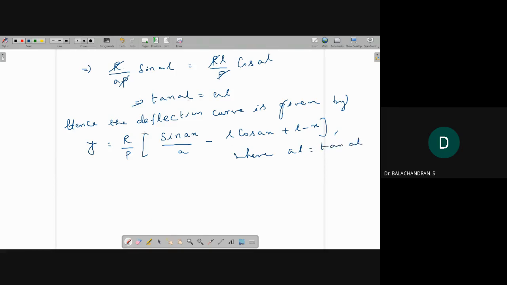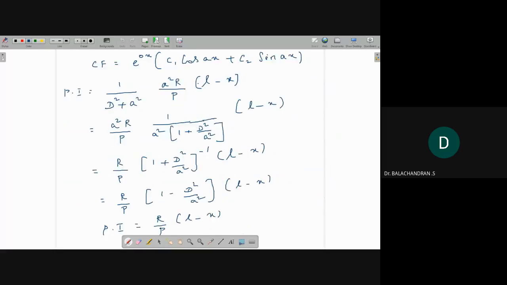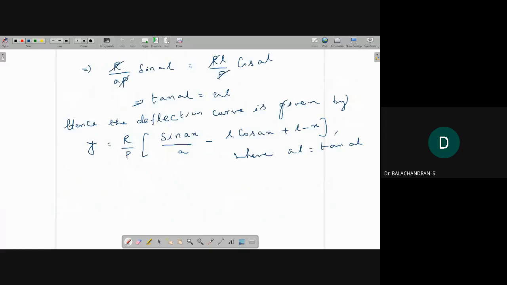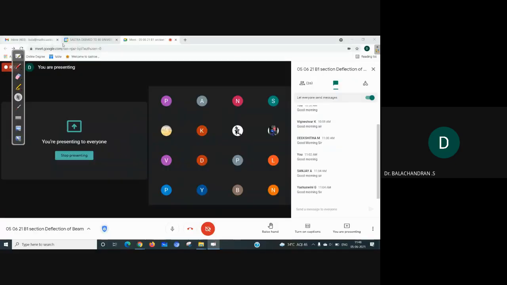Please check it. I think this is what you need to prove. So the deflection curve is equal to this expression where AL equal to tan AL. Okay, so now the third problem.